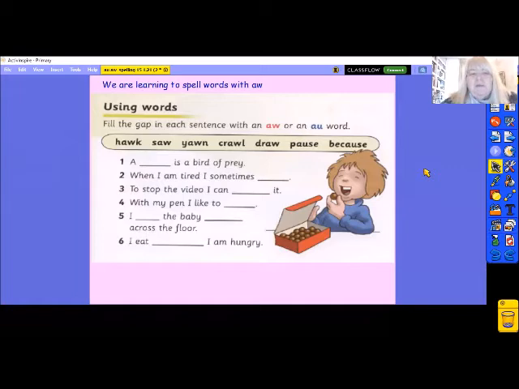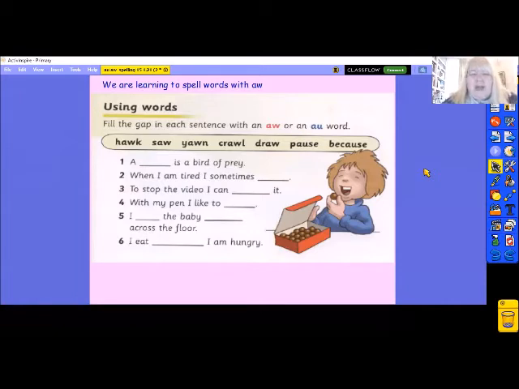Question number 3, to stop the video, I can something it. If you don't use a video, you probably use different things on the computer. I'm always saying this, to stop the video. What I should say is to pause it, maybe. With my pen, I like to something. Number 5, I something the baby something across the floor.